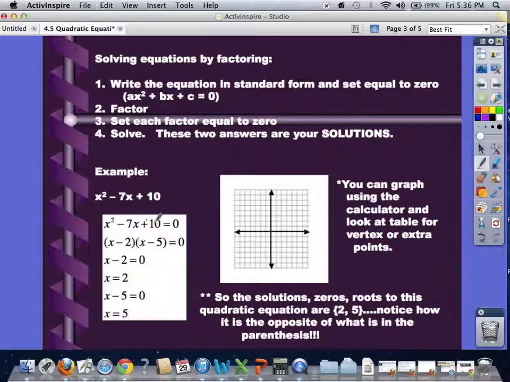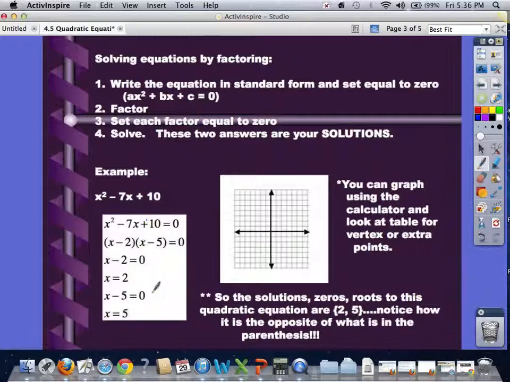So factors of 10 that add to be 7 are 2 and 5, and they're both negative, so that makes x minus 2 and x minus 5. And then you set those equal to 0. You separate them. x minus 2 equals 0, which will make solving for x to be 2. x minus 5 equals 0, and solving for x will make it 5.